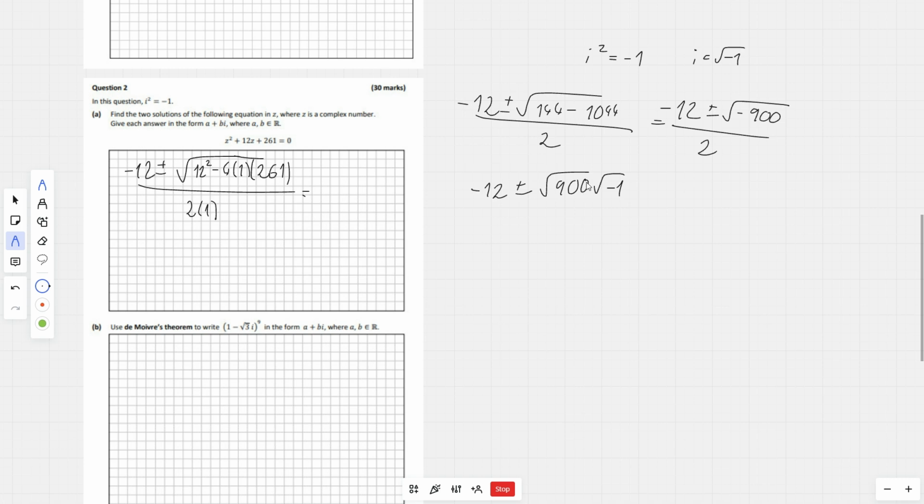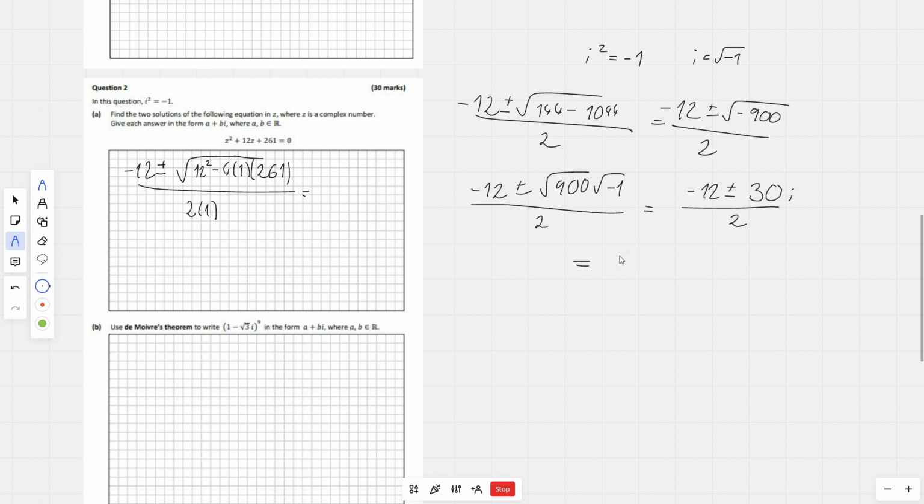So we can split these two up like this, all over 2. Then we get the square root of 900, which will be 30, so minus 12 plus minus 30, and then the square root of minus 1 gets replaced with an i, all over 2.